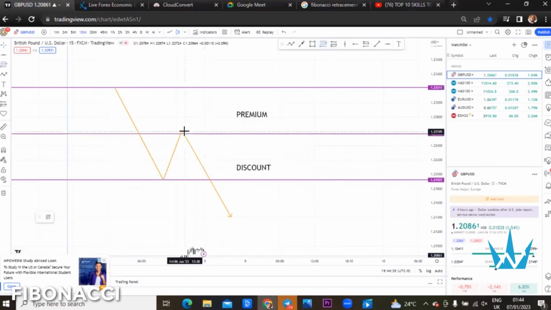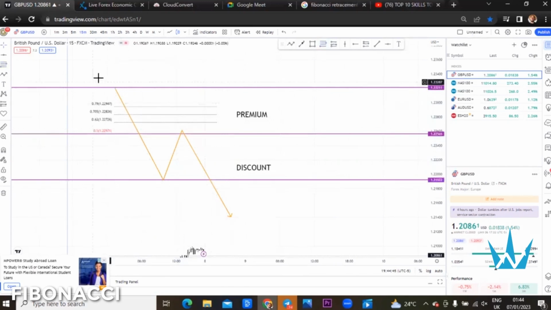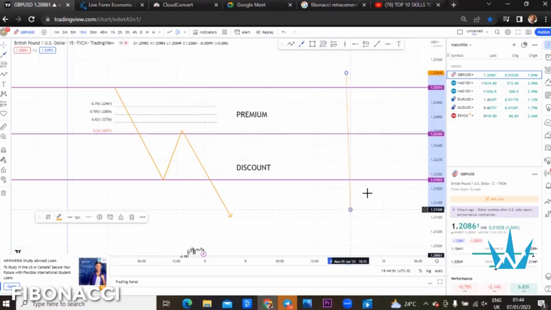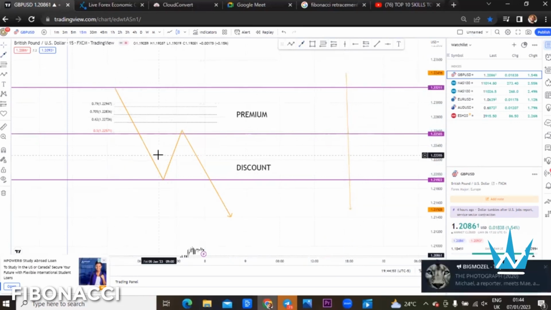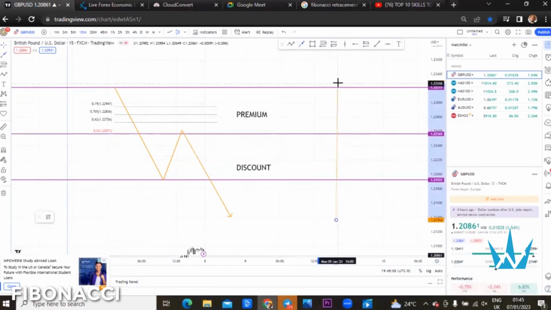So if I want to calculate where I should sell from, I draw my fib from that high to this low. Remember, if you're drawing your fib on a downtrend, you have to draw it in this direction. Look at this arrow. You have to draw it from up to down. Why? Because it's a downtrend. If it's an uptrend, you draw it from bottom to top.